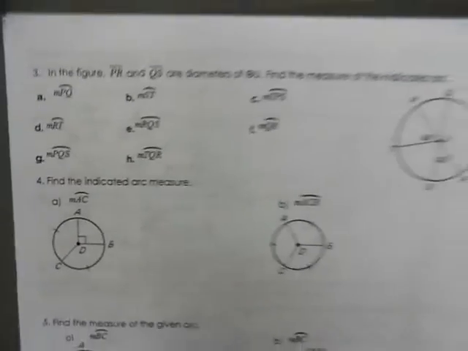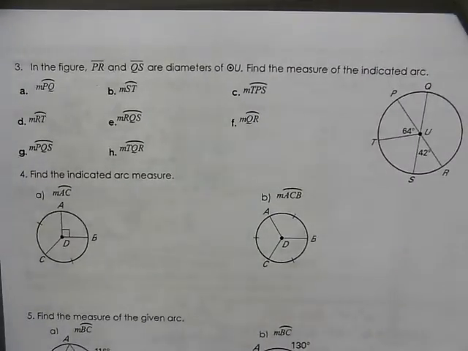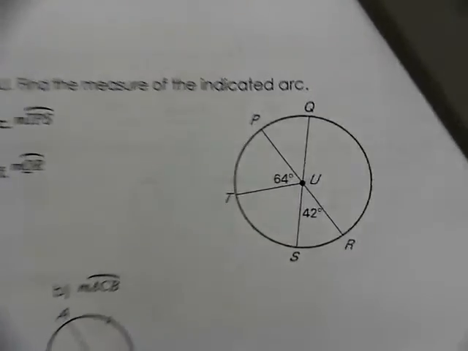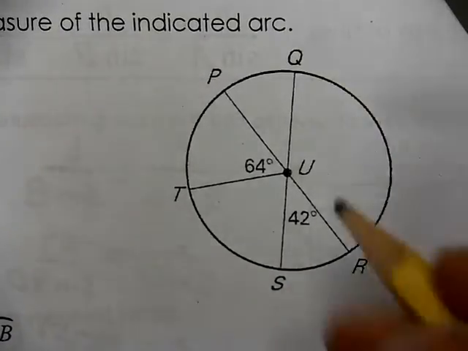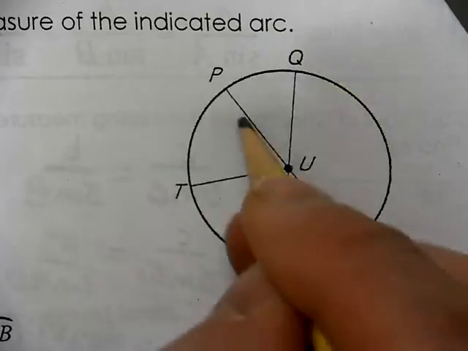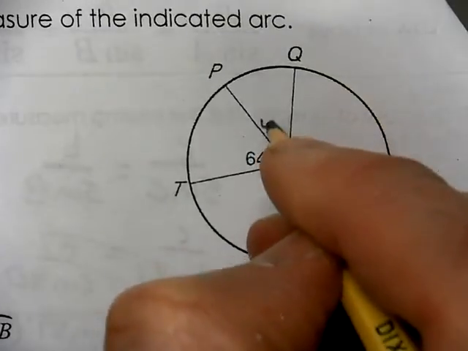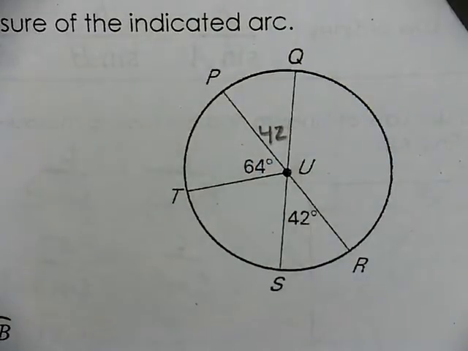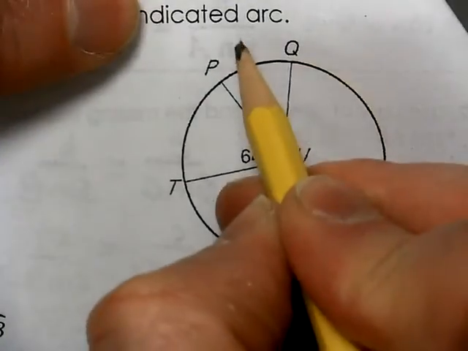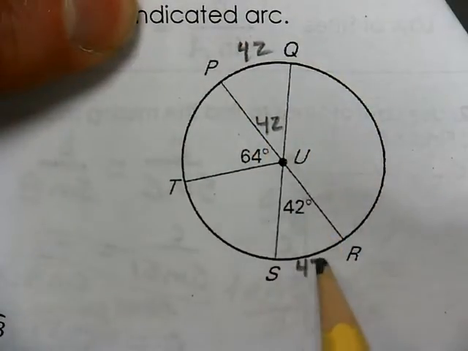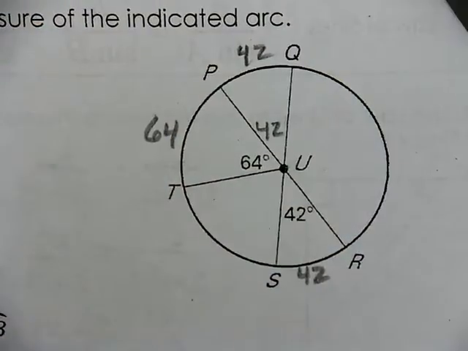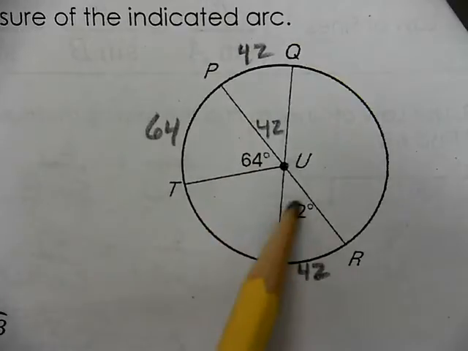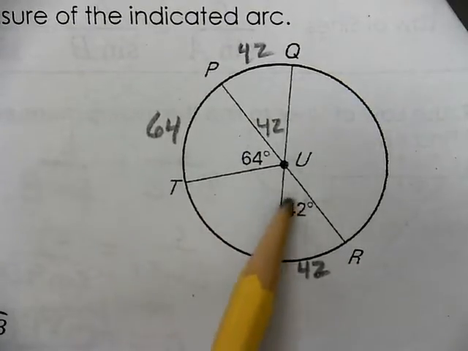On the flip side, working with number 3, here's our figure. I would suggest that we try to figure out the different measurements. Here we have a big X, so I know vertical angles makes that 42. The arc is the same measurement as the central angle, so we have 64 here. I know that all three of these angles add up to 180.